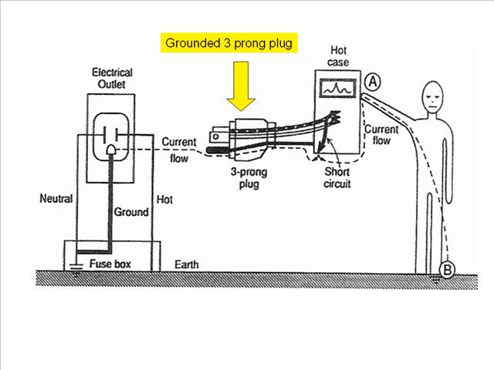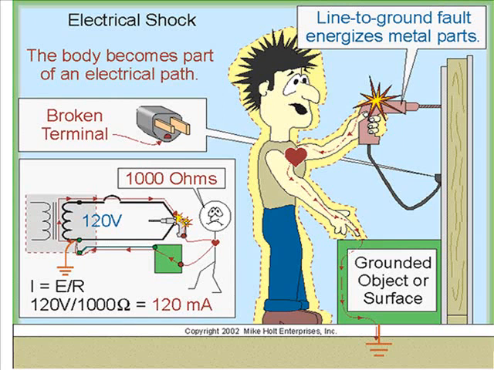Or if that doesn't happen, if he touches the hot case, it has much higher resistance going through him, say 1,000 ohms, than through the three-pronged plug, say 1 ohm or less, and so he's safe from electrical shock. In the real world, the most likely thing that would happen in this scenario is that you would get a circuit breaker blowing.